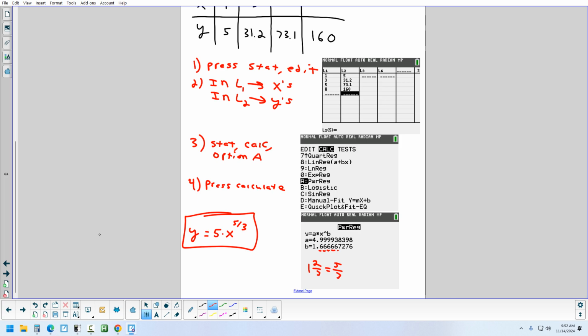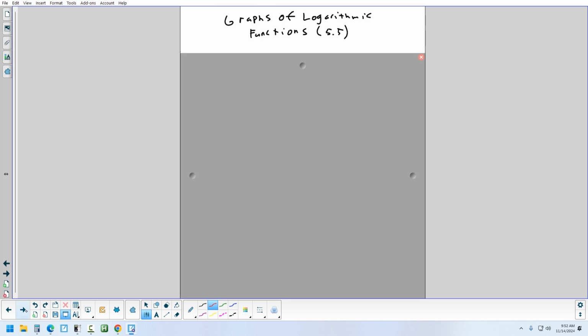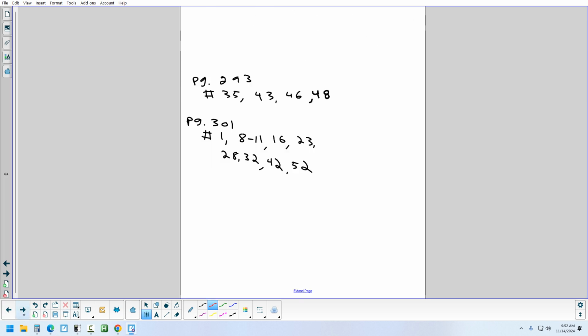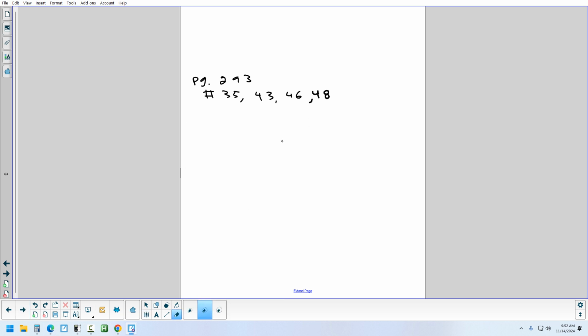So let me put up the homework. It's going to be page 293, and there's a couple others that are just the combining and splitting logs. 29 through 32.